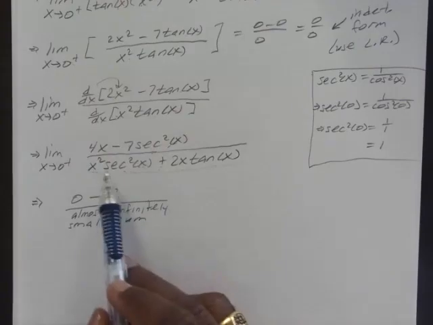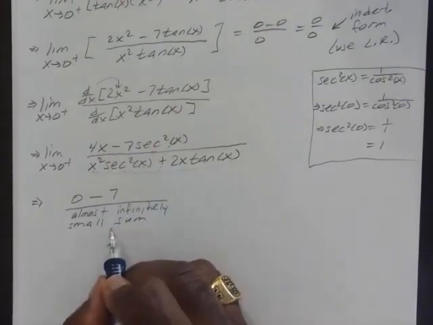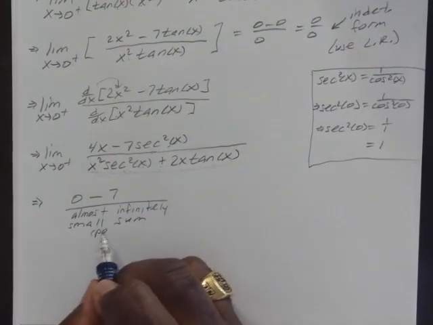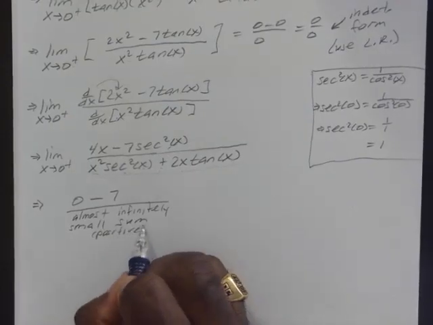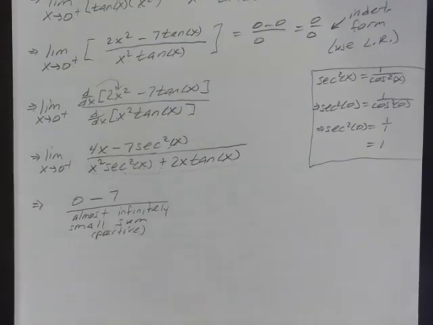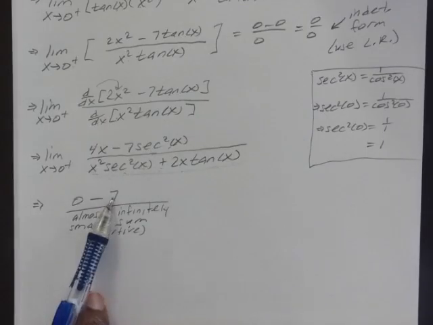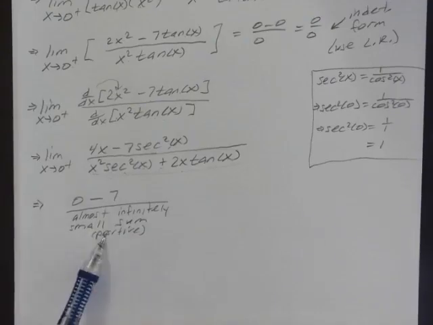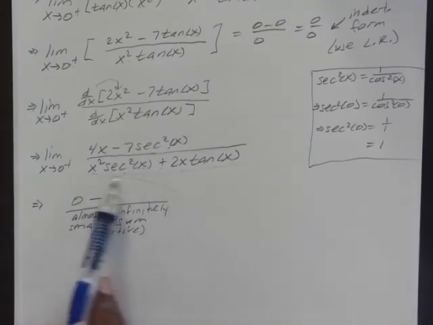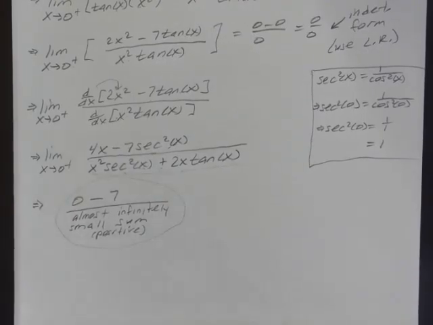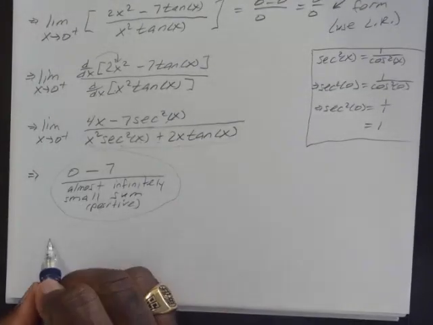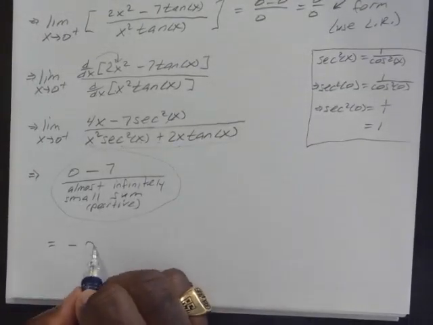But it will be a positive value because you're approaching 0 from the right. Okay, so if you have a negative 7 divided by this number that's getting infinitely smaller and smaller, that whole thing is just going to keep getting bigger and bigger. So negative divided by positive is always going to give you negative infinity.